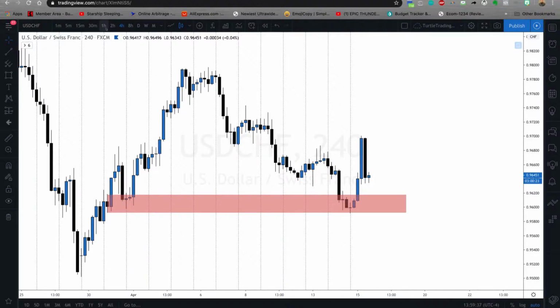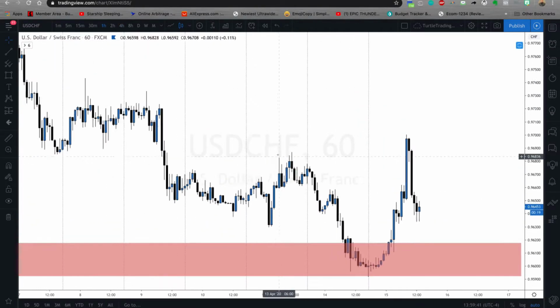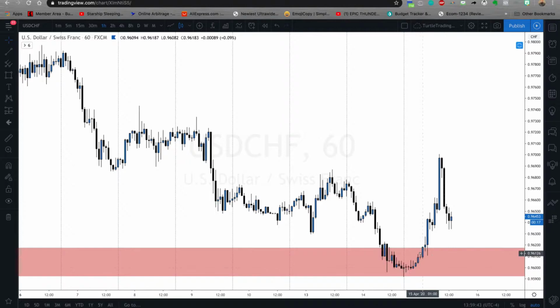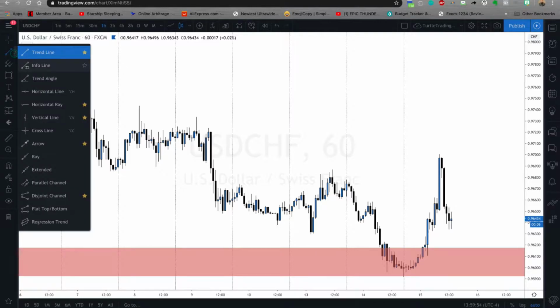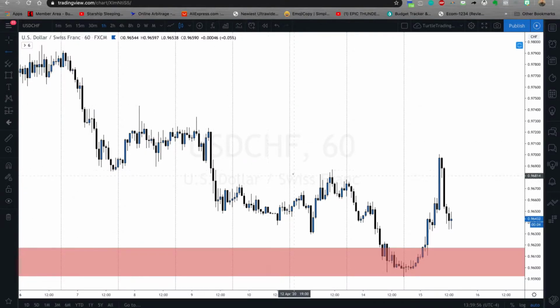Now, once I had that level identified, I went over to my 1 hour, and this is what I was looking at last night, somewhere around here. We were wicking right to it. We weren't closing below this area here. And all this here, I just saw as a target that we could potentially take out.